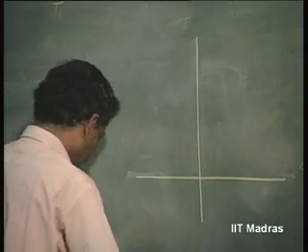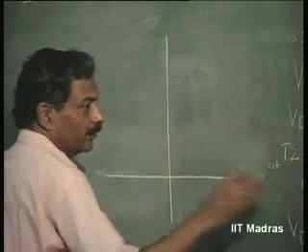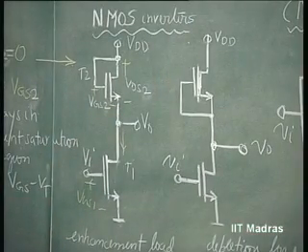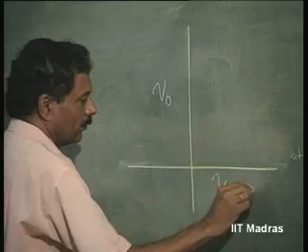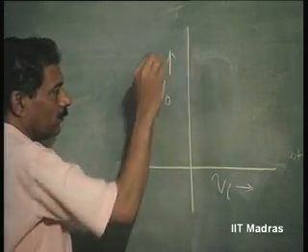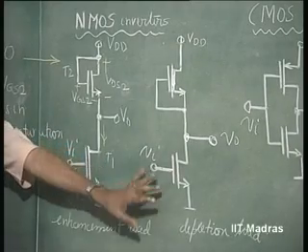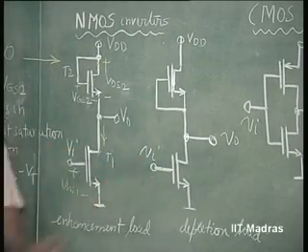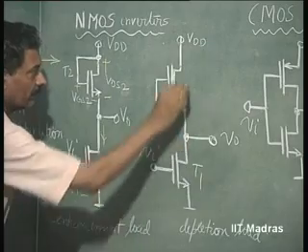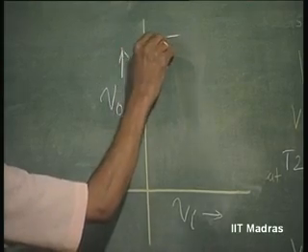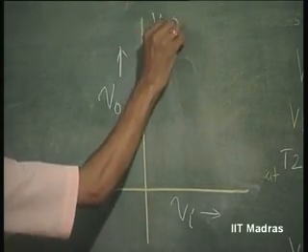So, you can once again start off this whole thing for the second circuit, where depletion type of load is there. Until Vi equal to Vt is reached, this transistor T1 is going to be off. But the voltage is going to start now from VDD. Why?